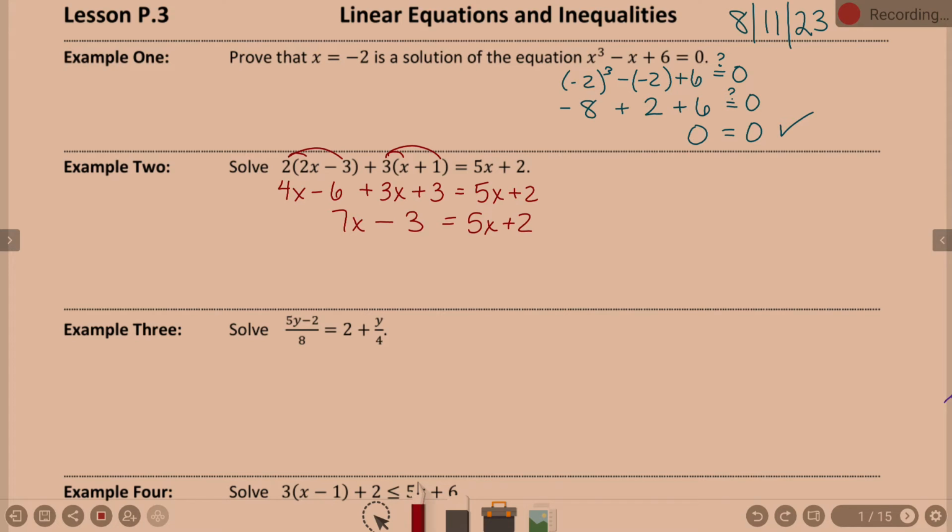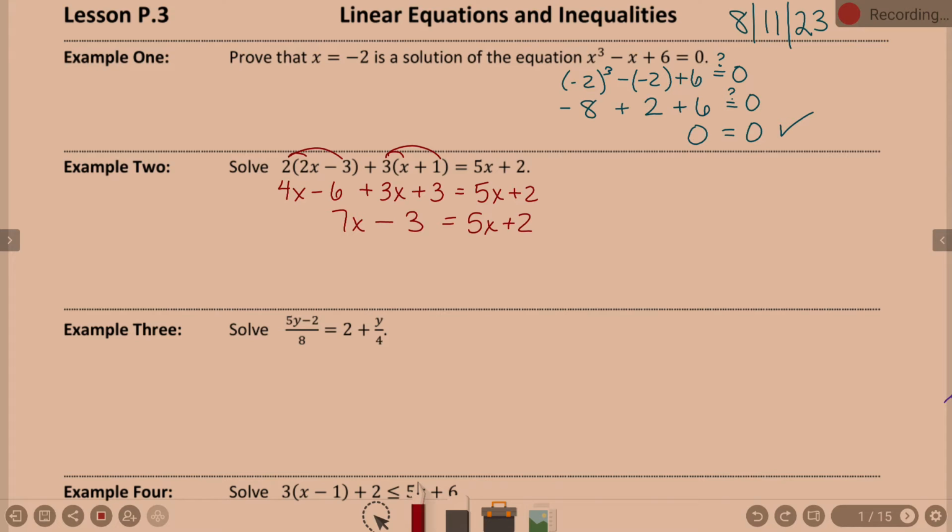Now what? Subtract 5x over and then add 3 over.